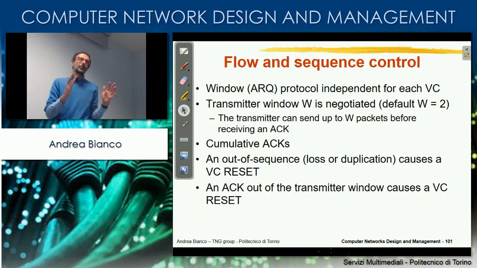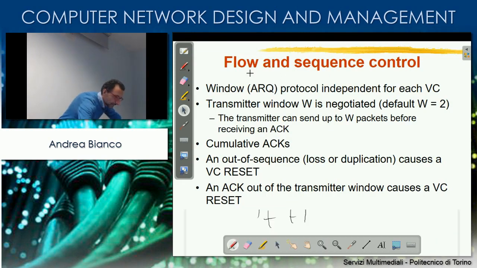Because this is a standard which is dealing with link by link. So in the link, the propagation delay, even if the link is not very short, is typically very little. So if the propagation delay is little, with a small number of packets, you can still get high throughput.